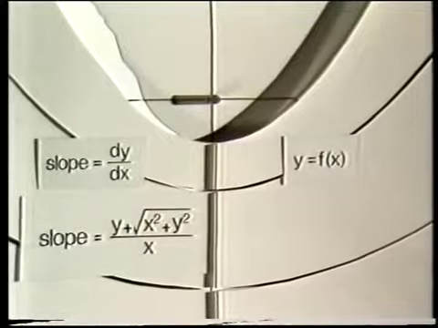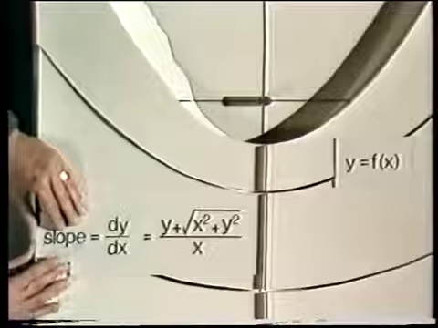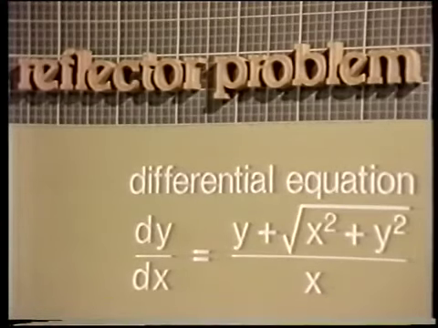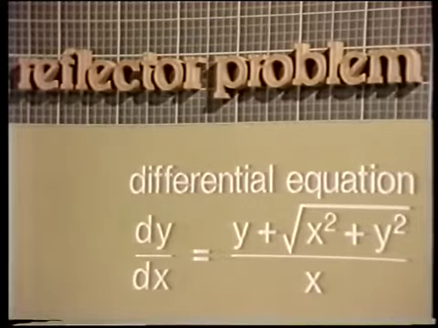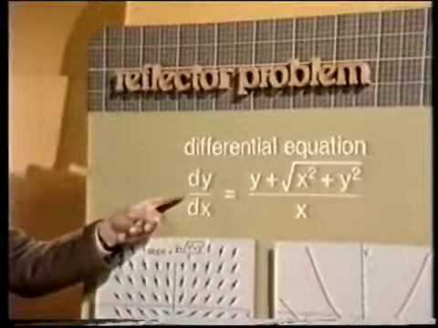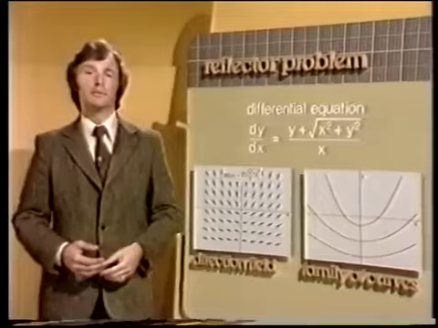And putting them together gives a new form of equation. It's called a differential equation. Instead of simply connecting the variables x and y, this equation connects the derivative, dy by dx, with the variables y and x.